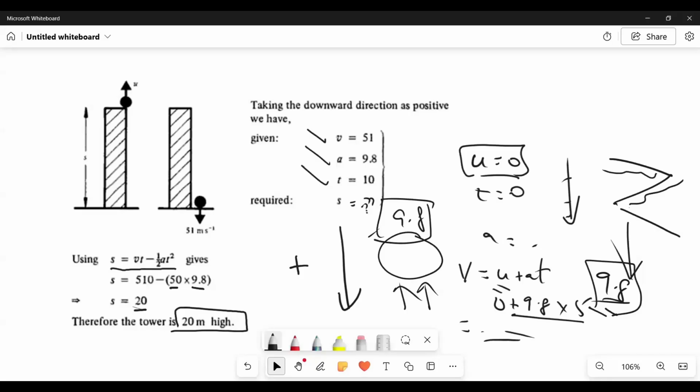Some of them are giving all kinds of values. Well, this particular reference says about 55 meters per second. Translate that to km per hour.